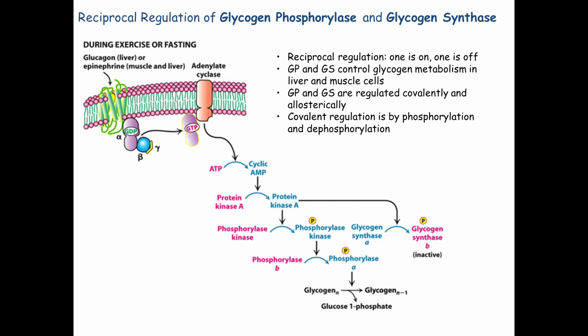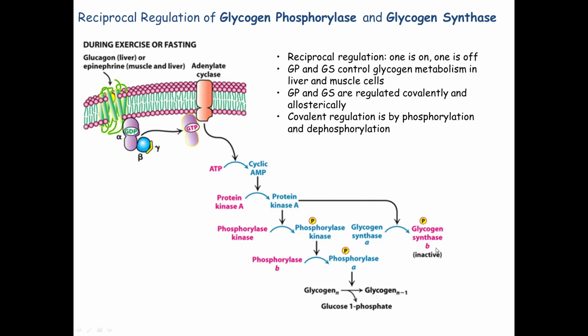That's backwards of normal. And this had to be this way because one signal had to turn one on and the other off. If it turned both on, they would just be wasting UTP constantly, or ATP as well. So we want one on and one off by the same signal. So it had to be a backwards reciprocal regulation.